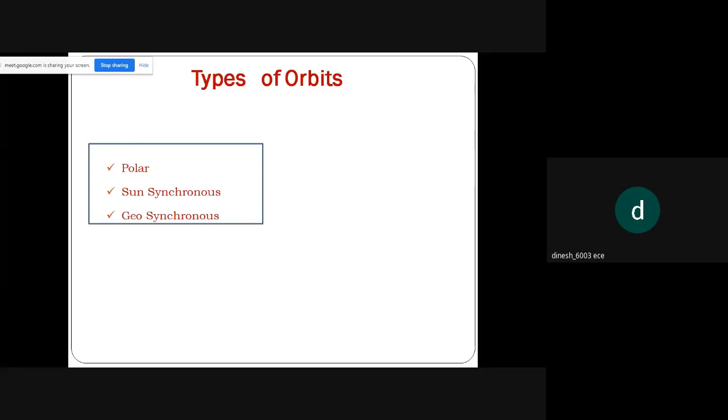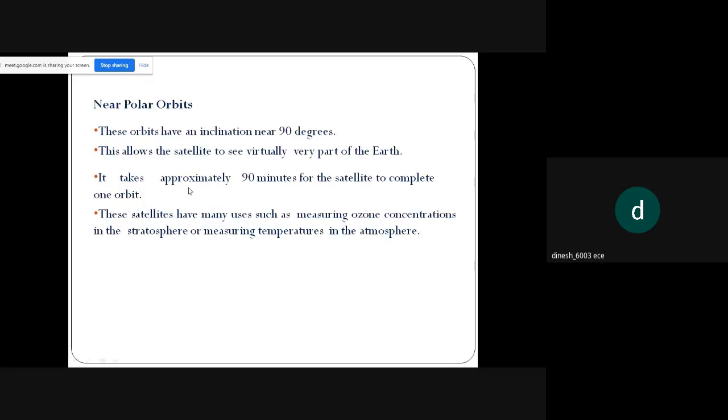The topic is types of orbits: polar, sun synchronous, and geosynchronous. So polar orbits will have an inclination of about 90 degrees, which allows the satellites to see virtually every part of the Earth.